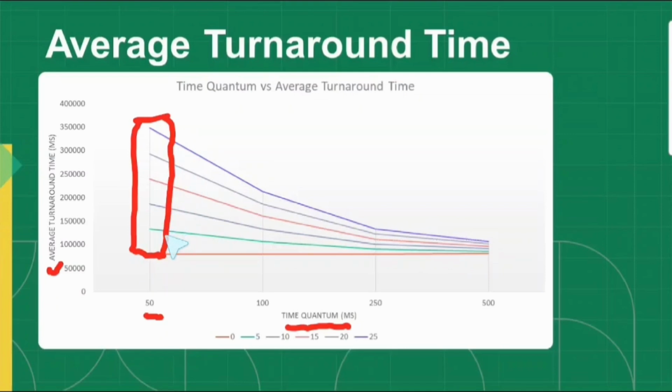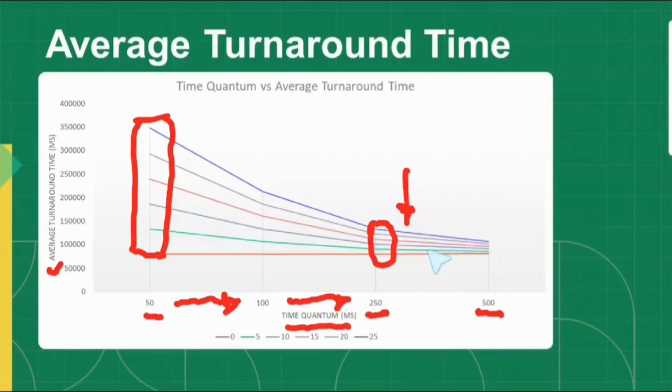But what happens when we increase the time quantum, say, to 500 milliseconds? The average turnaround time drops significantly because the processes are interrupted less often, letting them run longer before having to return to the queue. You'll notice that the improvement levels off as the time quantum increases.